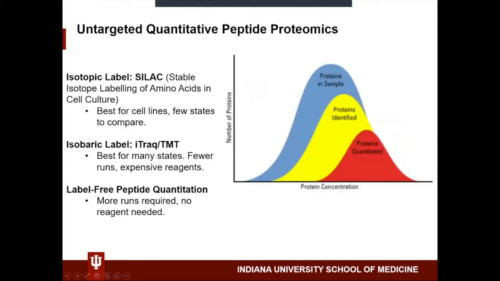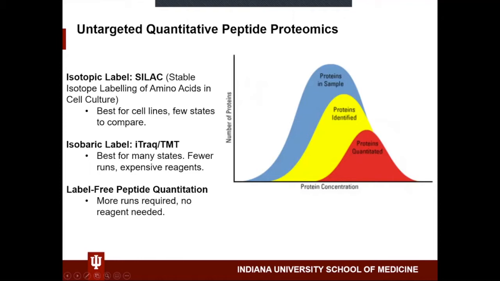In an untargeted quantitative proteomics approach, you have proteins in a sample, and theoretically with increasing protein concentration, you're more likely to identify the proteins and to have confident quantitation of the protein.